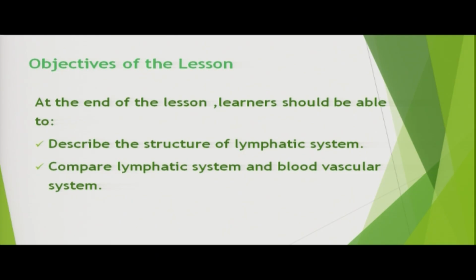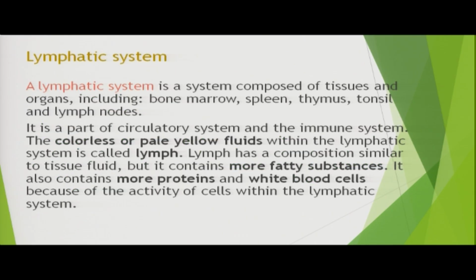Follow. When we talk about the lymphatic system, what is that? Before, remember, we have seen the circulatory system. When we described the circulatory system, we said that it is divided into two systems. Do you remember those systems?